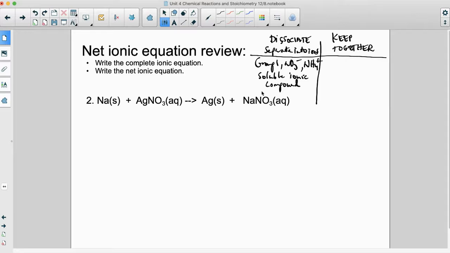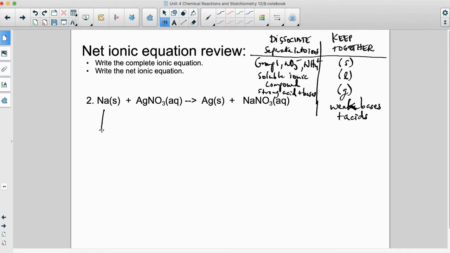And then we also have our strong acids and bases that get dissociated. Here we keep together our solids, our precipitates, our liquids, our pure gases, and we also keep together our weak bases and acids. Okay, so that's a brief overview of the things that we dissociate and things that we keep together.